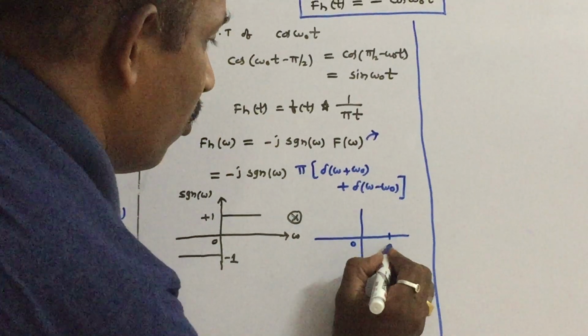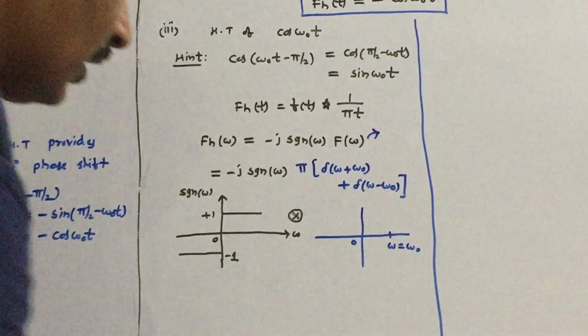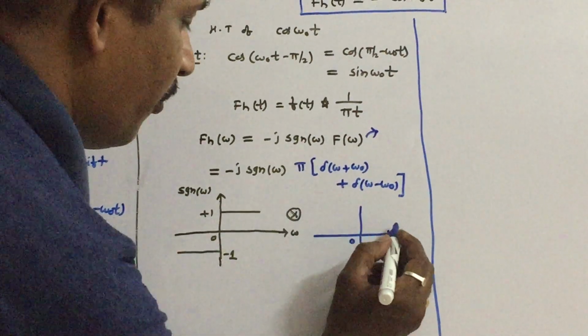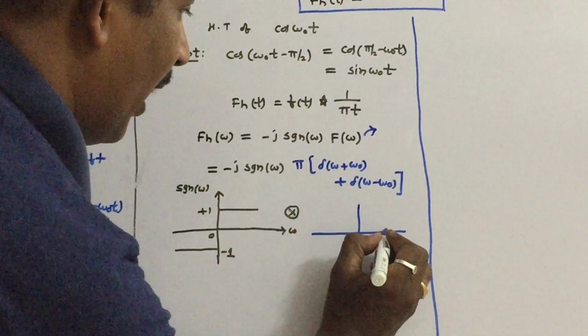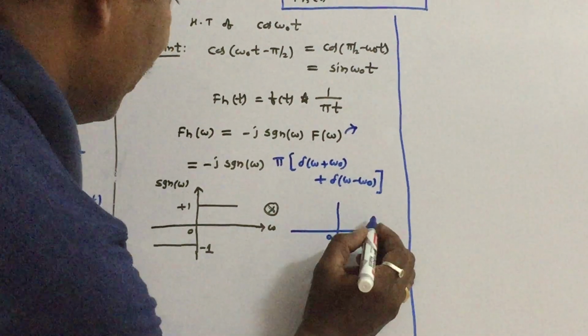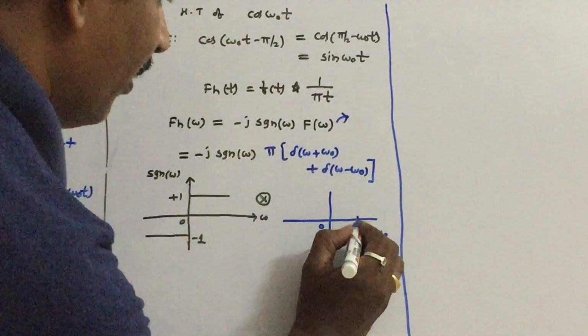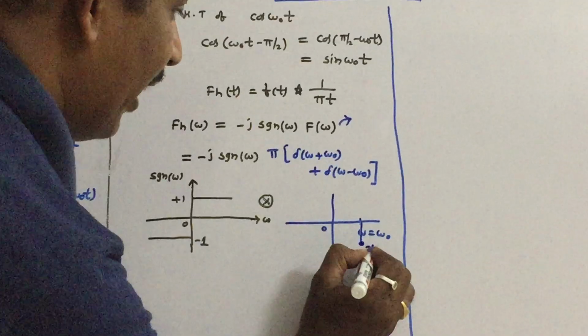At omega equal to omega 0, its amplitude is pi; let us keep the minus sign here, so minus pi.